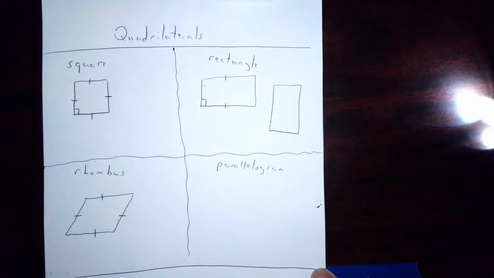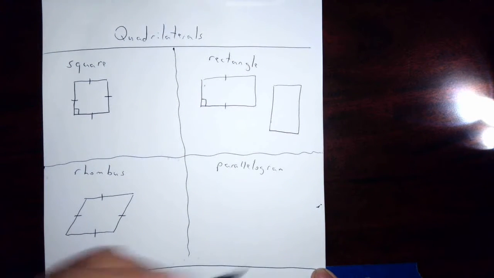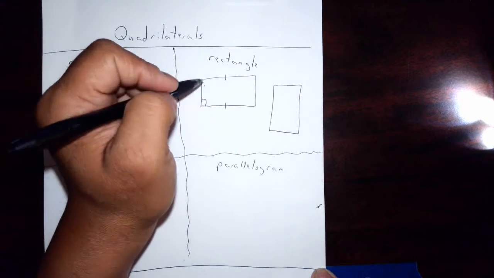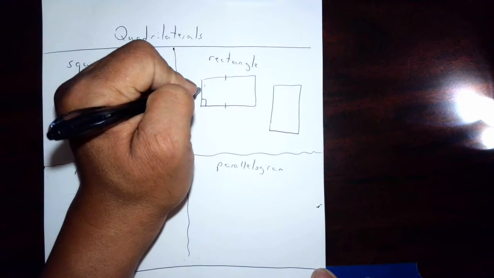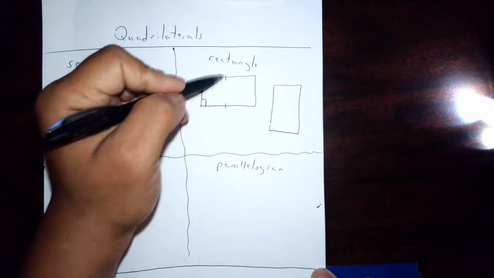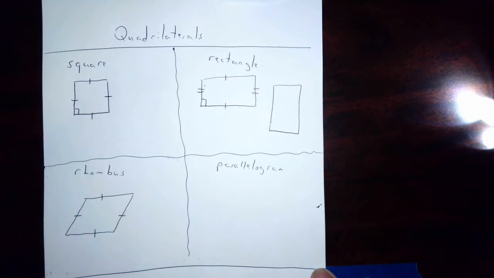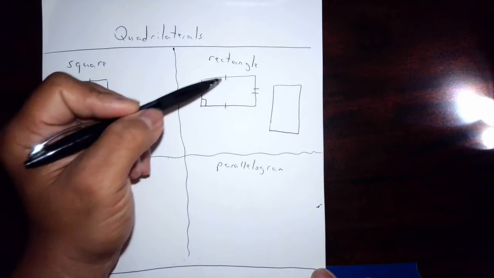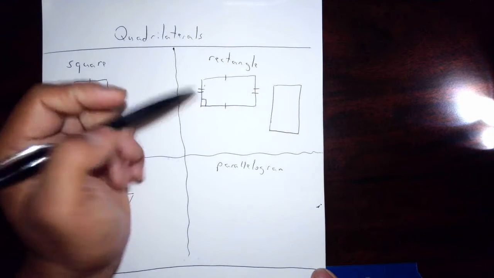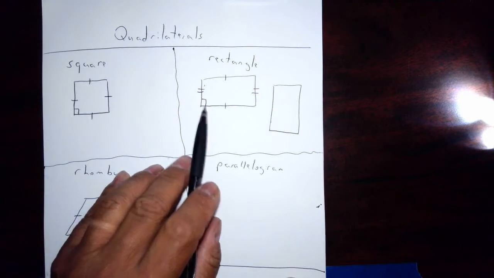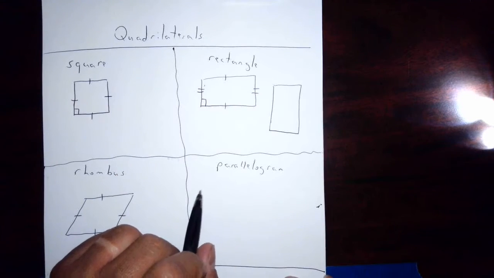Opposite sides are congruent, same size. That's why these two have one line and these two have 2 lines. It really doesn't matter which one has the 1 line and which one has the 2 lines.